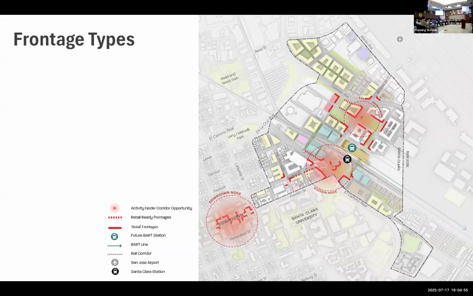And the last one is just extending here on El Camino along this frontage, which is close to the train station. So that's some of our thinking around the elements that would set the baselines for standards and guidelines within the plan. And more of that is being developed behind the scenes, and we will share that with you soon.